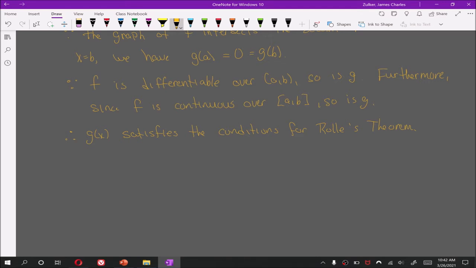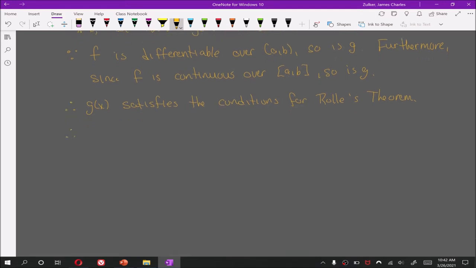This means there exists a point c in the open interval a to b such that g prime of c is equal to 0.